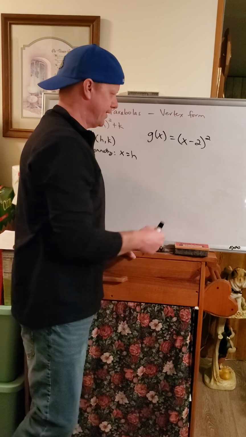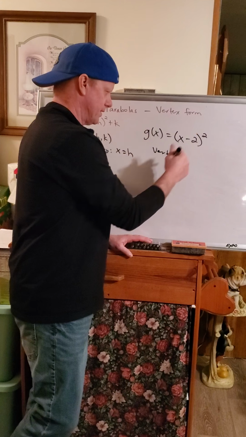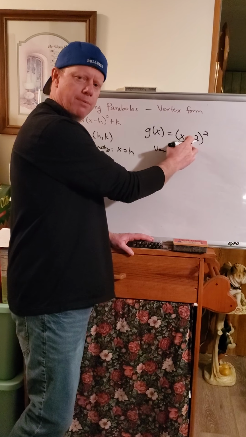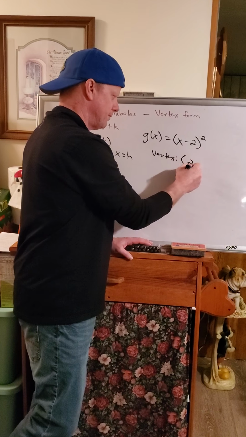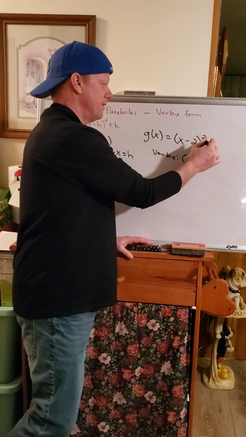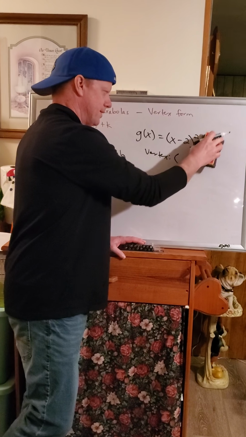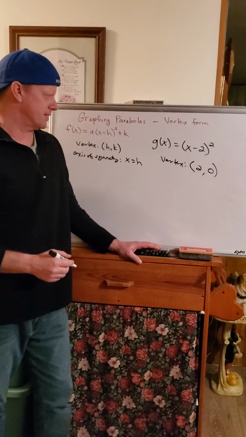Notice there's no number on the end, but if you don't see a number on the end, I can still get my vertex. The x coordinate is going to come from in here. We go opposite sign because we go the opposite of h. The opposite of a -2 is a +2, so the x coordinate is going to be 2. There is no number on the end here, so that's just like having a +0 on the back side of that. So the y coordinate is at 0. So that's where my vertex is at.